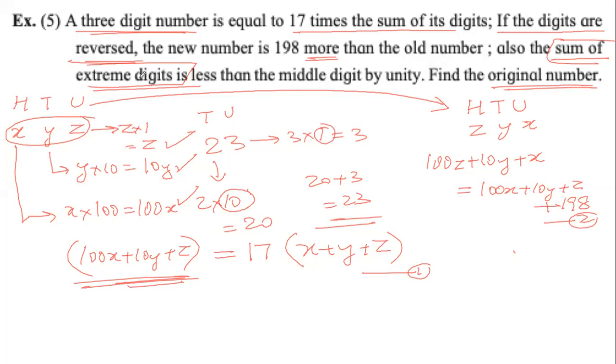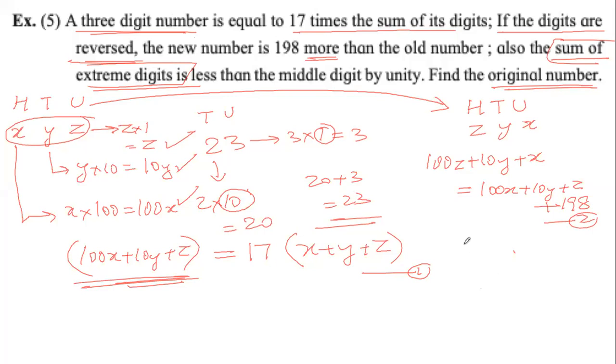So left and right are extreme. Left and right are the extreme digits. Now tell me, how can we write this sentence, sum of extreme digits, mathematically? Sum of extreme digits. There are two extreme digits here. You have already identified those digits are X and Z. How do we write sum of extreme digits?